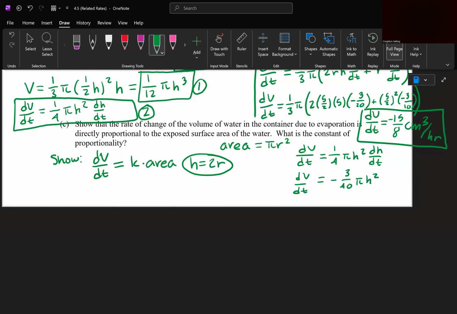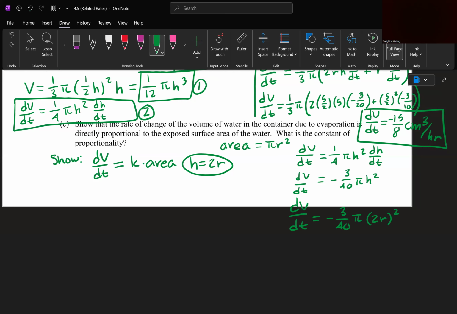So I could easily substitute that 2r in for h. So I would have dV/dt, and I'm totally going to run off the paper at this point. Hopefully you can fit yours in with a pencil. All right, negative 3/40 pi times 2r squared. You might be able to see where this is going.